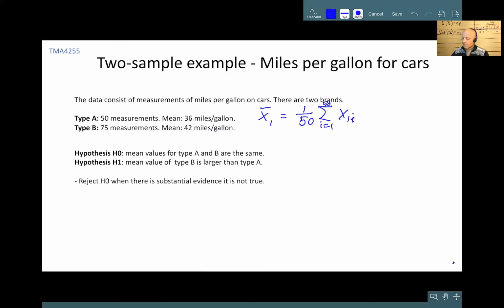This is the average value or the mean value for group 1 or type A in this setting. And we do the same for the second one, x bar 2, 1 over 75, and then we sum over all samples in this one.